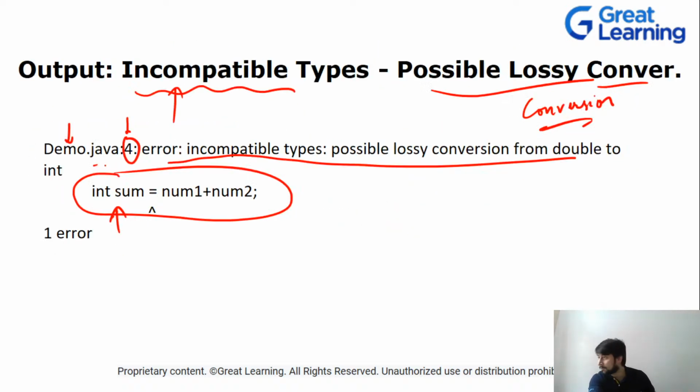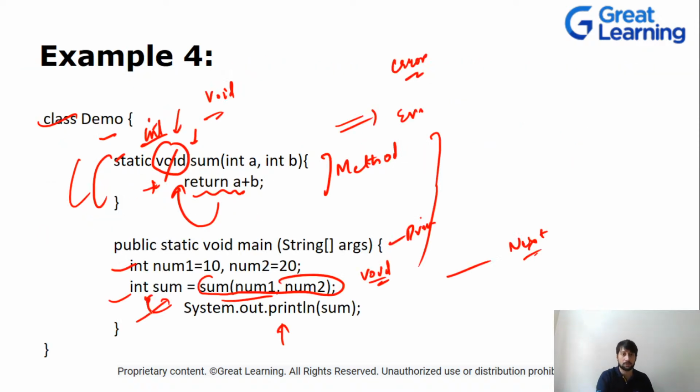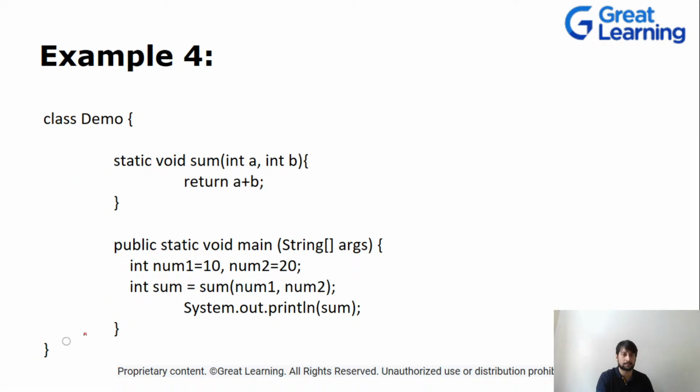Okay, great. Someone says, sir, please repeat once again. Okay, Harsha. In this example, as you can see over here, there is something which I want to return. I'm returning something, but this method says the return type of this method is void. Now I'm trying to return something which is obviously integer, because a and b both are integers, and integer plus integer will be an integer.